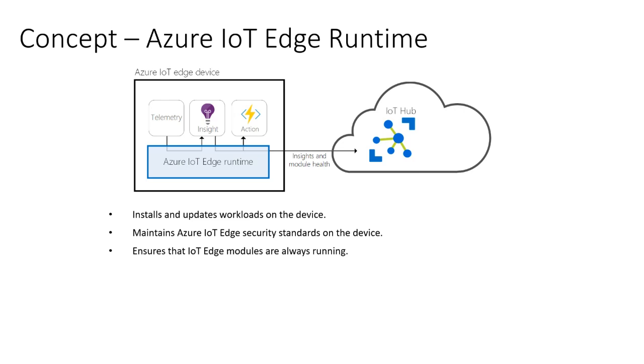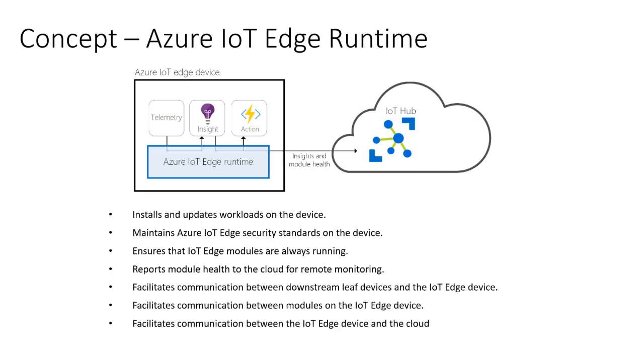And when I say modules, I'll talk about that shortly, but the modules are just Docker containers that run anything from an Azure function to custom applications that you're writing, or what we'll look at today, our Industrial IoT footprint and capabilities that allow you to take data from industrial machines and equipment.